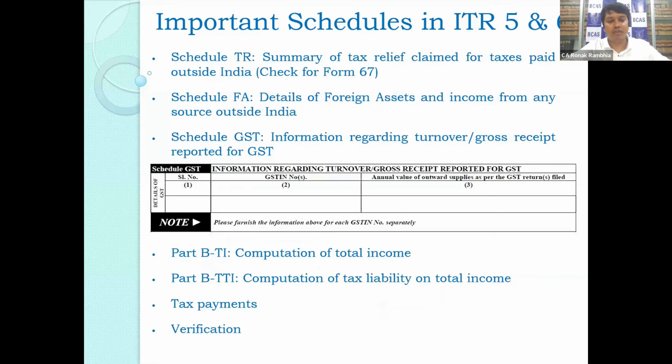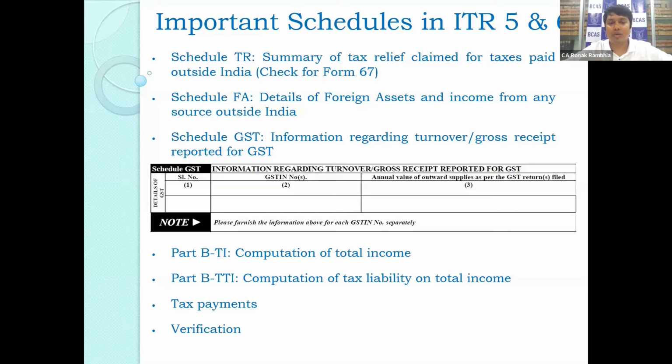This is the details of foreign income earned, and you have to claim the withholding taxes of the assessee in the foreign country. You have to mention the details in this schedule TR. One check over here is that one has to file Form 67 along with the requisite attachments, and then file the same details in the tax return to claim this withholding tax.